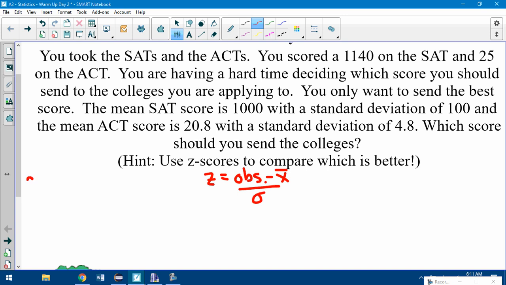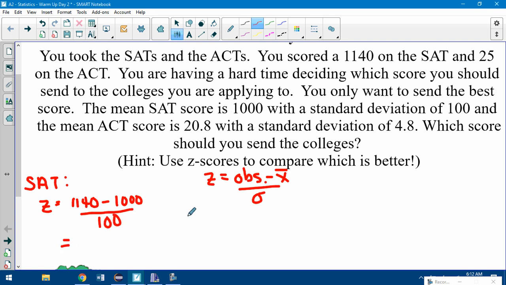So for the SAT, your z-score would be your observed score, which is 1140, minus the mean, and the mean on the SAT was 1,000, divided by the standard deviation, and it said the SAT has standard deviation of 100.